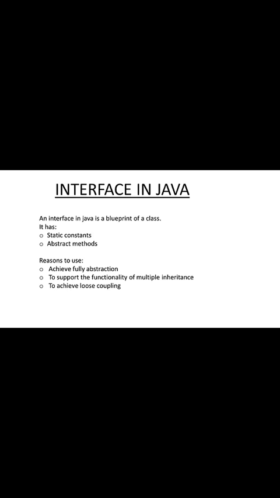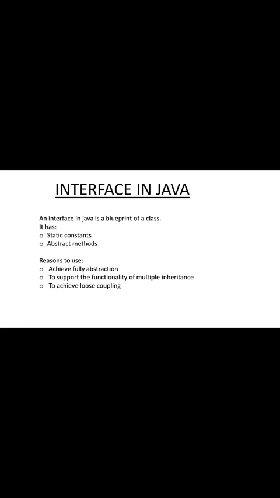Let's implement an example in Java. In other object-oriented programming languages, the syntax might be a little bit different, but the general concept is the same. Interface in Java. An interface in Java programming is a blueprint of a class. It has static constants and abstract methods. An interface is a reference type in Java.